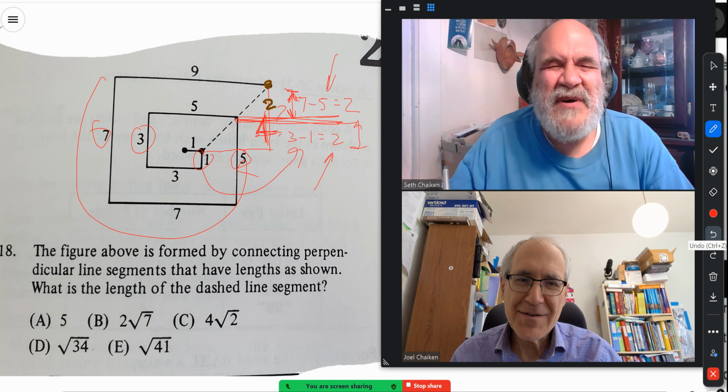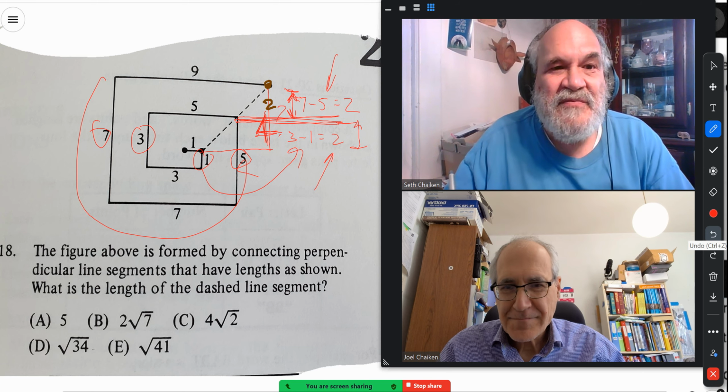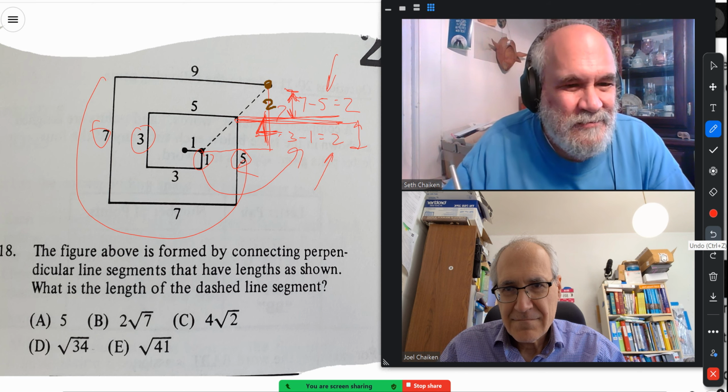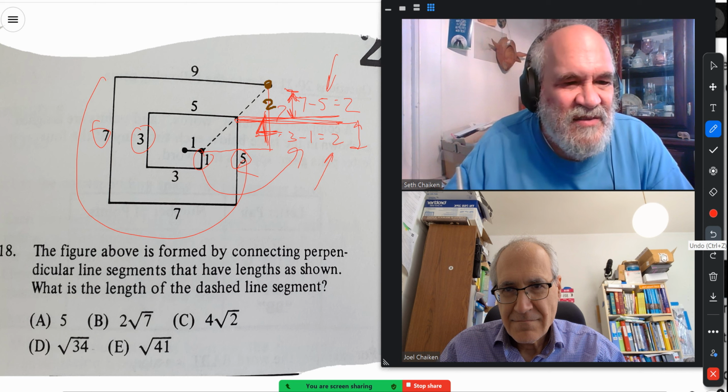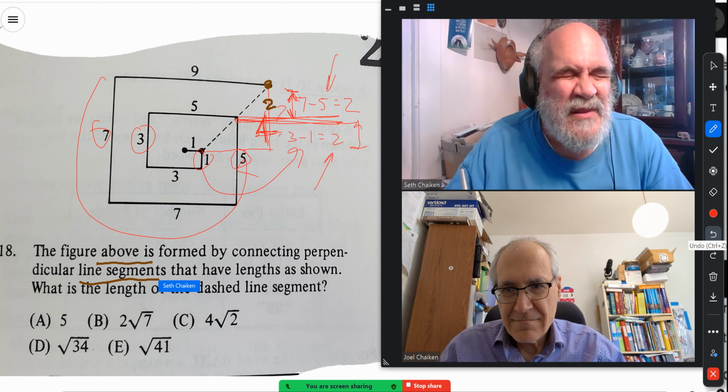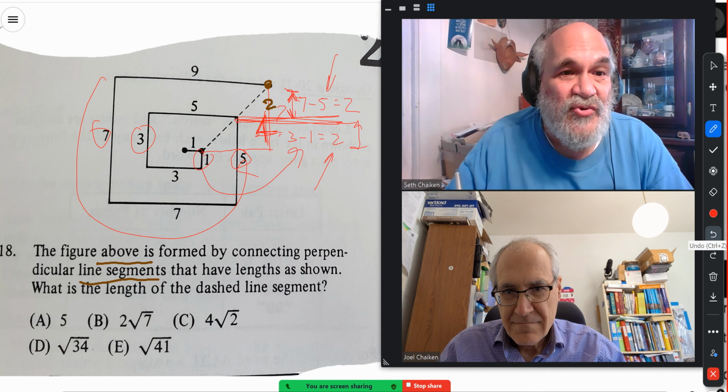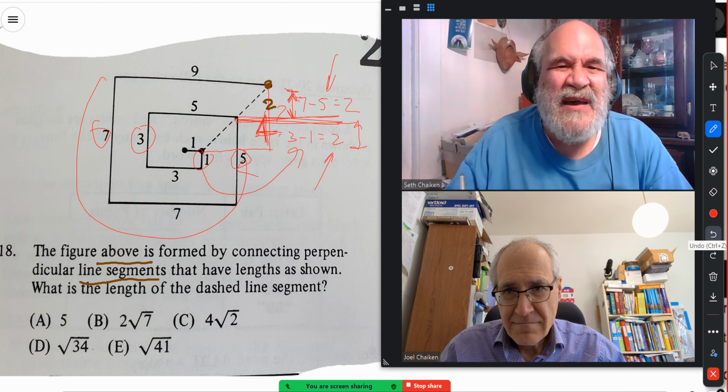I had forgotten that the given figure above with the line segments has 1, 2, 3, 4, 5, 6, 7, 8, 9 line segments.